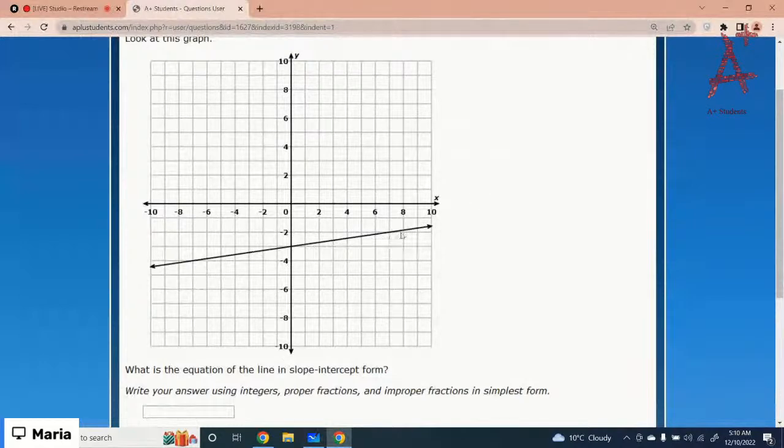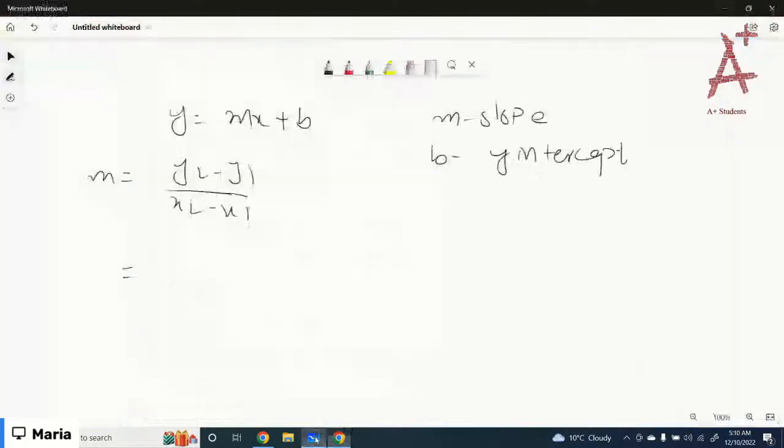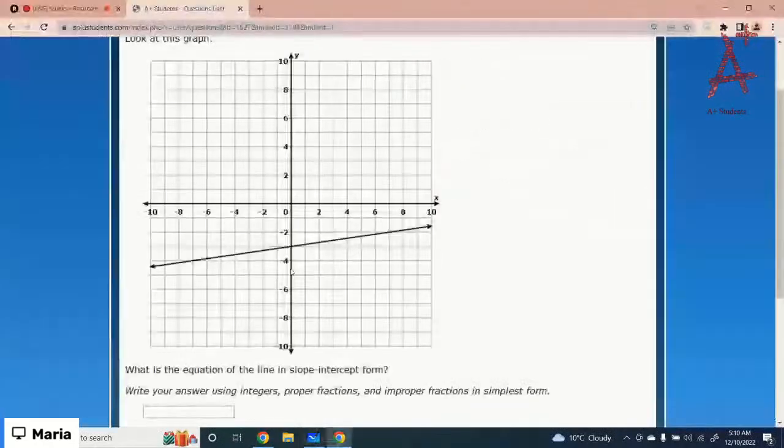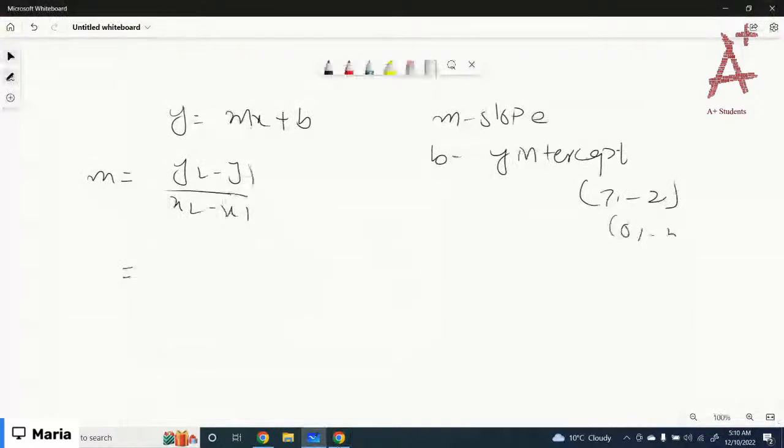Okay, the 2 points I am using on the graph are 7 and -2, and the other one is 0 and -3, and -3 is also the y-intercept. Got it?